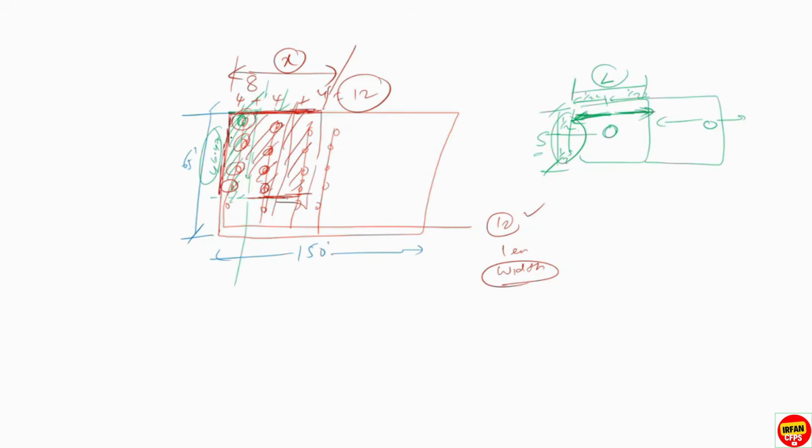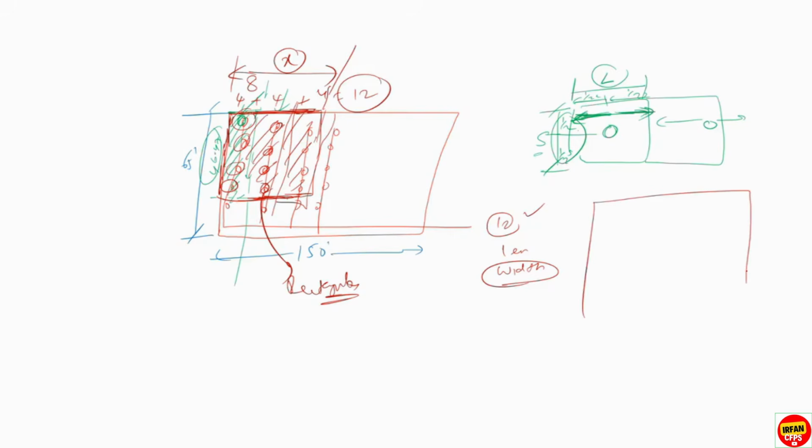This is the actual length of the design area, and the number of sprinklers will be 12. So this is a rectangular shape. There are various scenarios. I will explain you. Just remember, in this way, we need to locate the number of sprinklers.